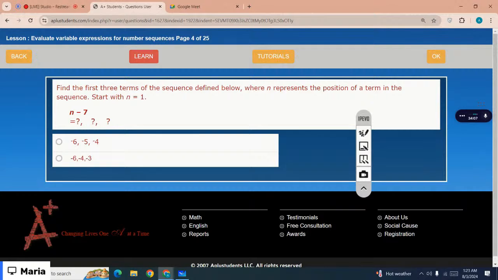Okay, find the first three terms of the sequence defined below, where n represents the position of the term in the sequence. Start with n equals 1. n minus 7 it is. So which is the correct option?